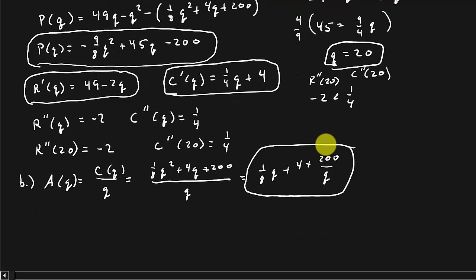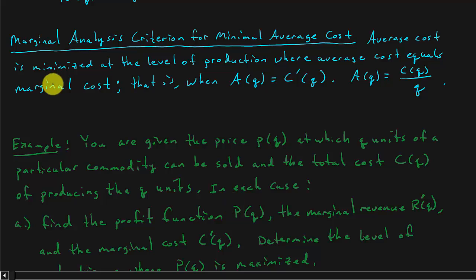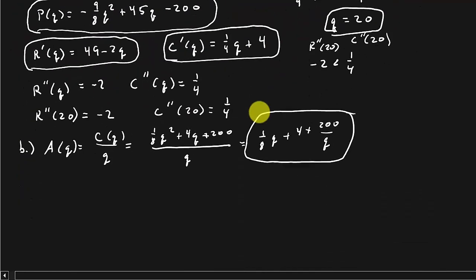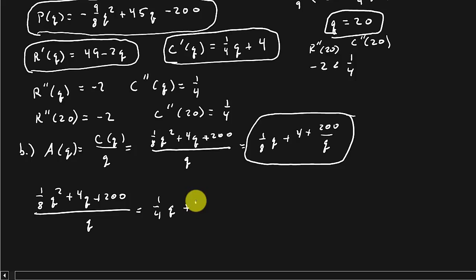And so now they want us to minimize, find the minimal cost. So that is when the average cost is equal to the marginal cost. So we've got our average cost, which is 1/8 Q squared plus 4Q plus 200 over Q, is equal to the marginal cost, which is this, which is 1/4 Q plus 4.